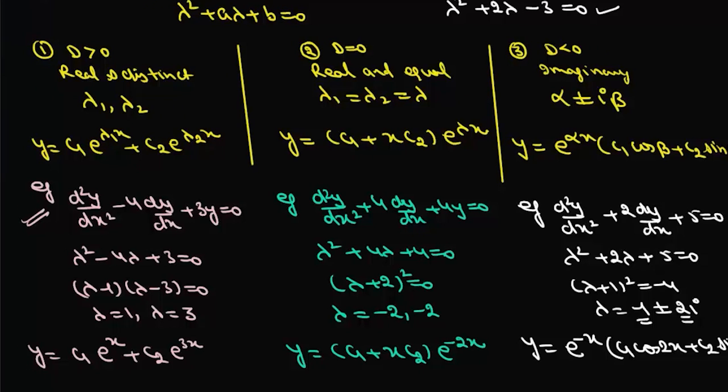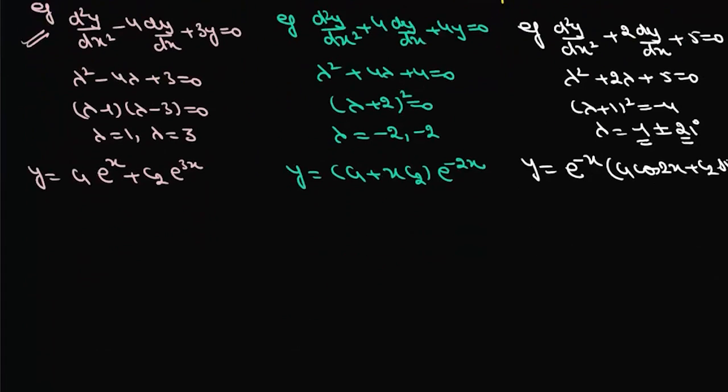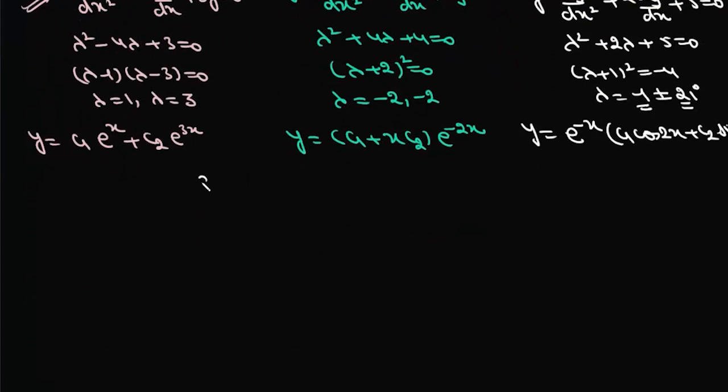And if you recall simple harmonic motion, in SHM, you solve this equation which is d square x upon dt square plus omega square x equals to 0. Now this again is a second order linear differential equation with constant coefficients and omega is positive.